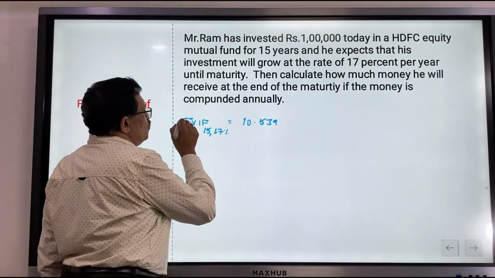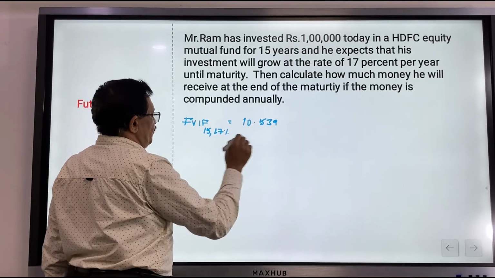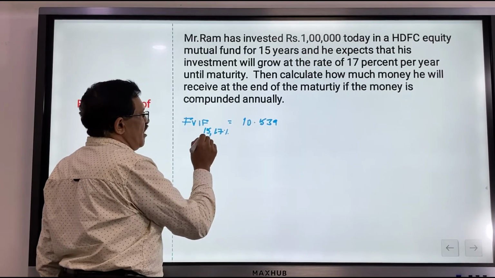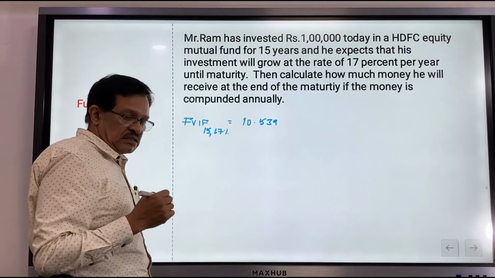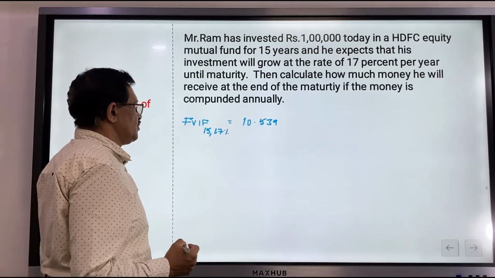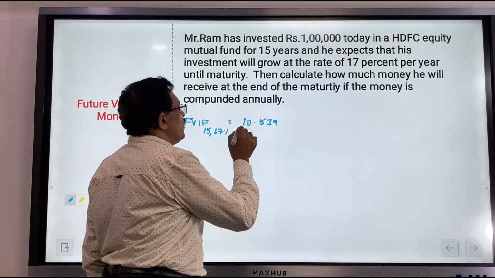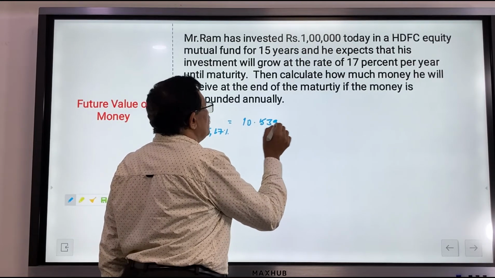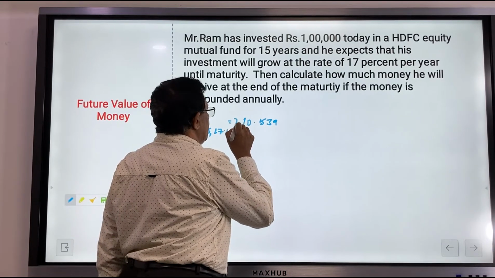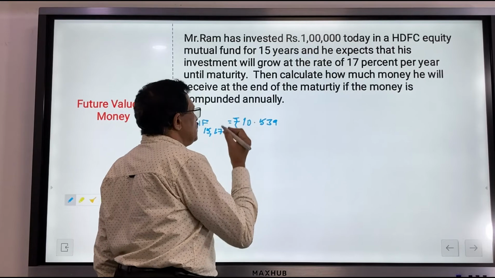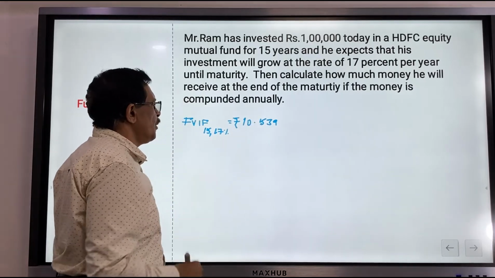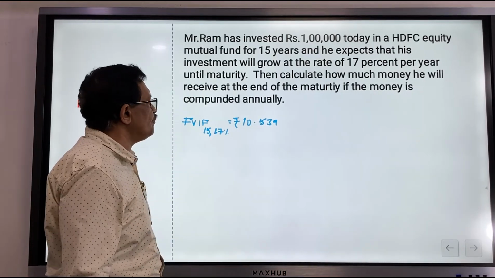So this is how we need to identify the future value interest factor for any n periods, which is 10.539. It can be for $1 or 1 rupee; it will be one and the same.